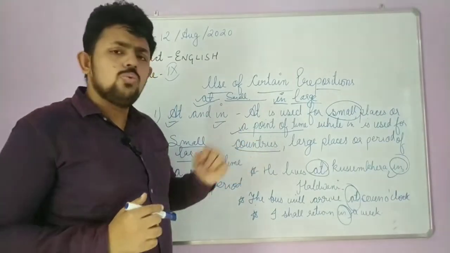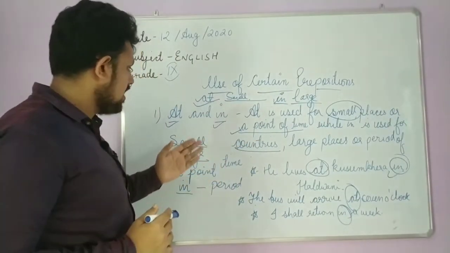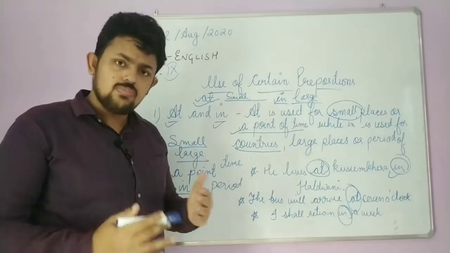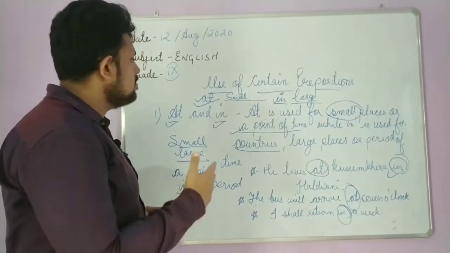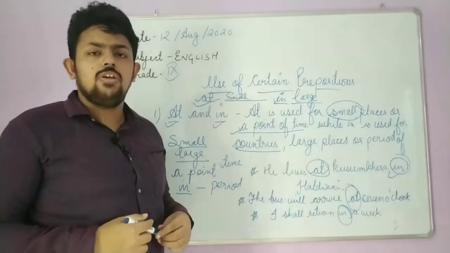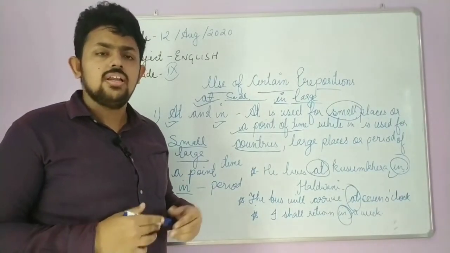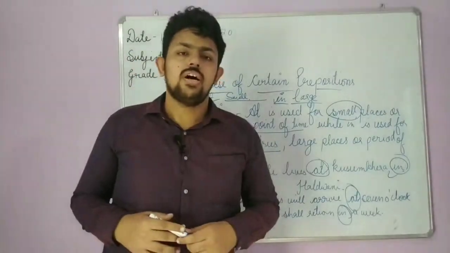So these are the two uses of at and in, and I have explained the difference between their uses. Now we will move ahead to some other prepositions that we use often in our day-to-day life.